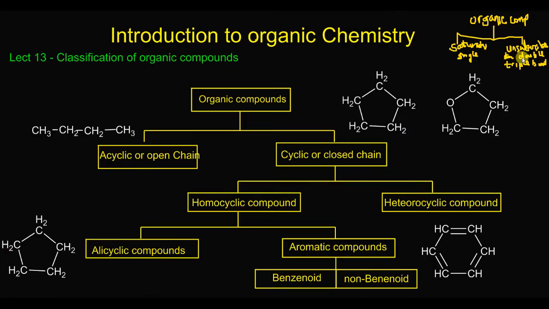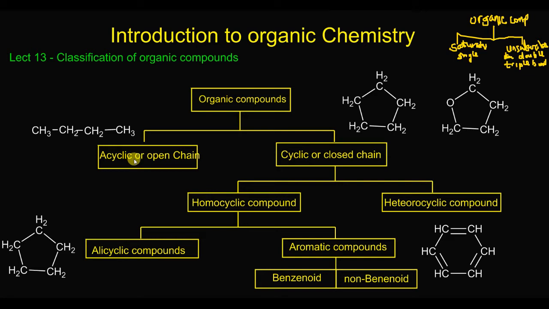Generally, all organic compounds are classified under this: we have what we call acyclic, or open chain organic compounds, and we also have cyclic organic compounds, or closed chain organic compounds. Now what do we mean by that? Very, very simple.